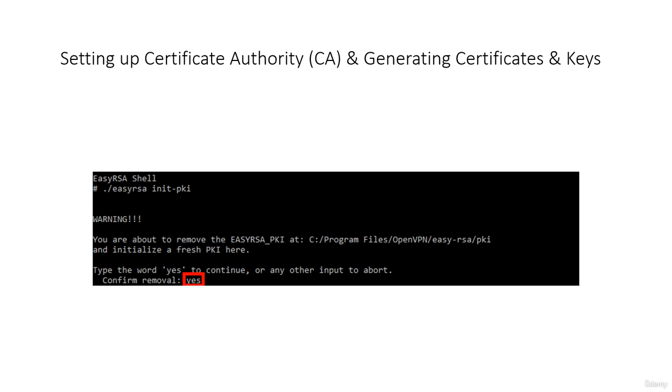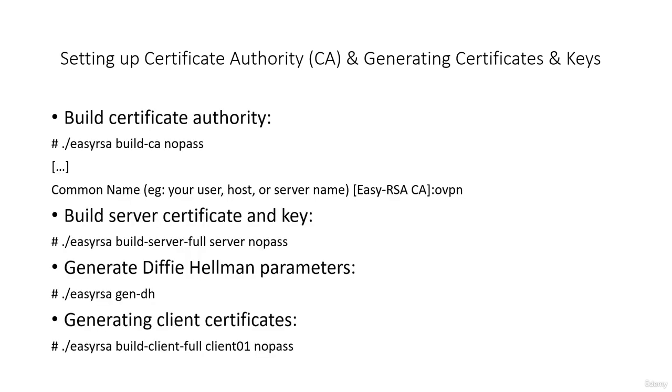Then we need to build the certificate authority inside the terminal. Simply type this command. Then we need to build our server certificate and keys, so just type this command. Then we need to generate the Diffie-Hellman parameters, which is easy.